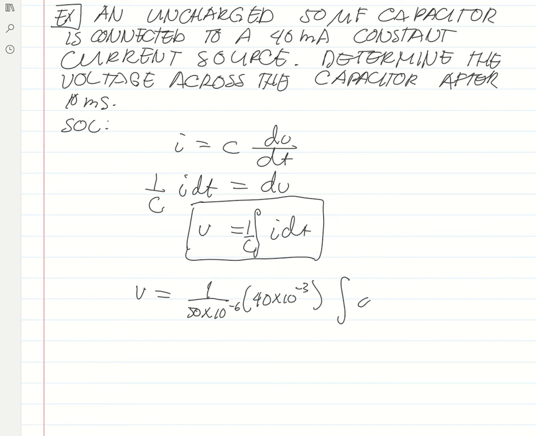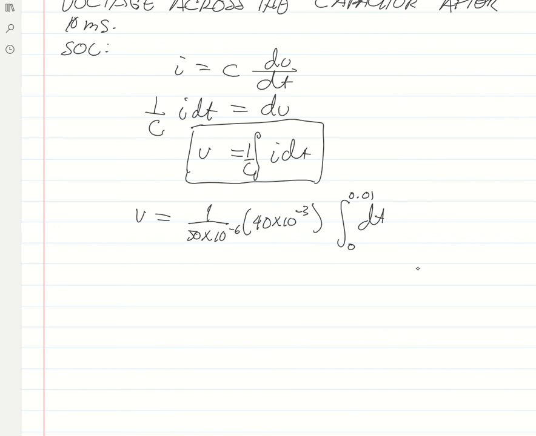Then the integral of dt, with a limit from 0 until 10 millisecond, which is equal to 0.01 second. Calculating this, the voltage will be equal to 40 times 10 to the negative 3 all over 50 times 10 to the negative 6, multiplied by 0.01. Then you multiply it with the ratio, and the voltage will be equal to 8 volts.